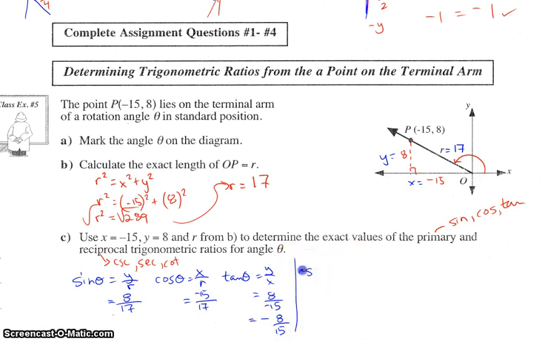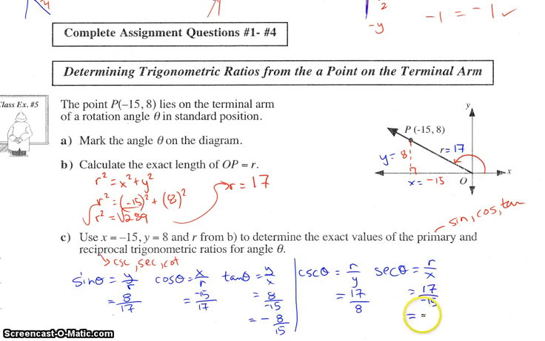Now, very easy to get the reciprocal. All we have to do, first of all, is remember the name. So we have cosecant, csc of theta, which is just the reciprocal of sine. So that would be r over y. We just take what we had for sine, and it gets flipped over, or reciprocated. Okay, secant theta, reciprocal of cos, so r over x, and that would be 17 over negative 15.